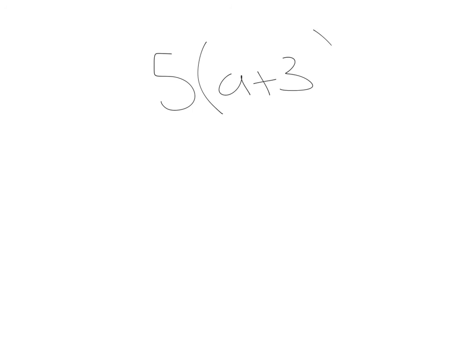The only time you can simplify something out is when it's being multiplied by the whole thing. See, in our previous case, we had the 5 out here and a plus 3 inside parentheses.